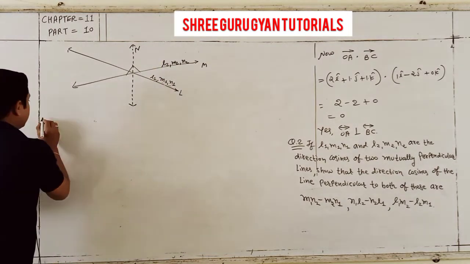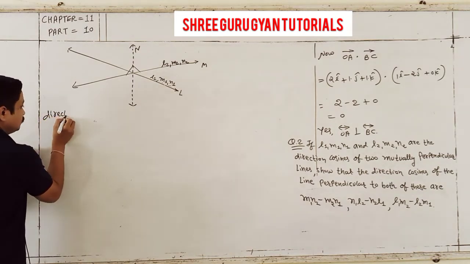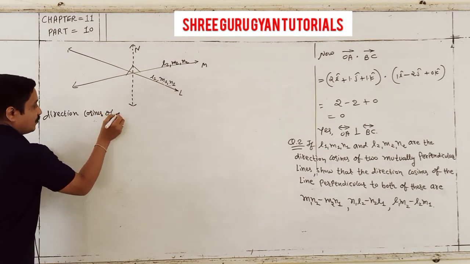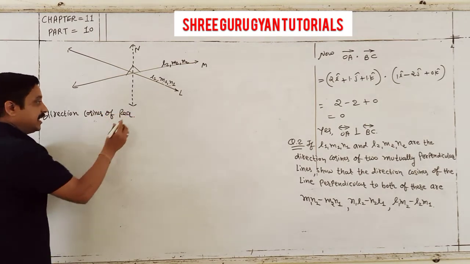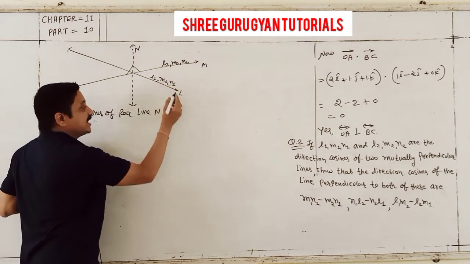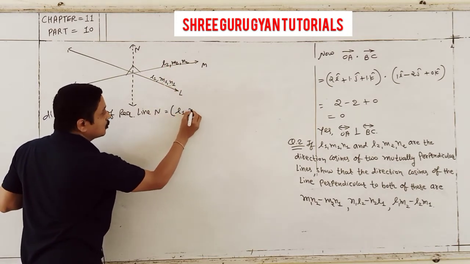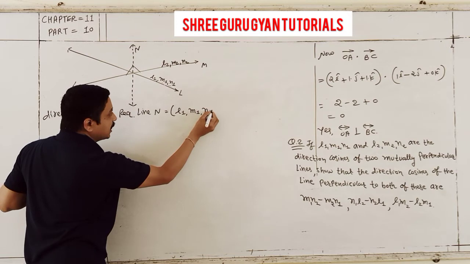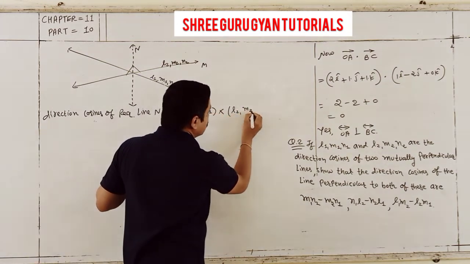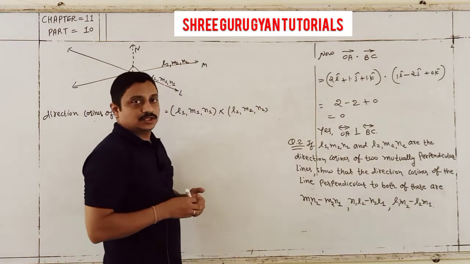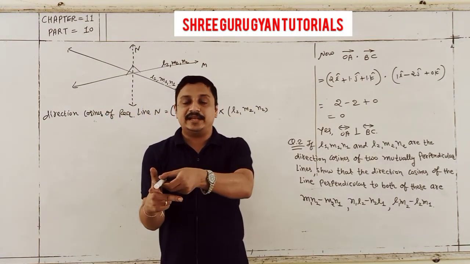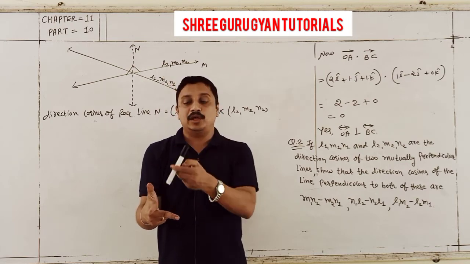So the direction cosines of the required line N are very easy. I take the cross product of the direction cosines L1, M1, N1 with the second, L2, M2, N2. Students, here using the right hand thumb rule, this is line L, that is line M, so the third line is perpendicular to both.